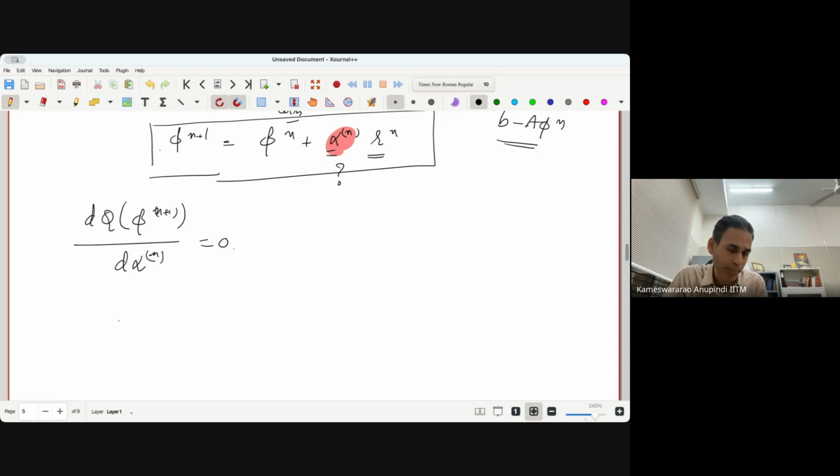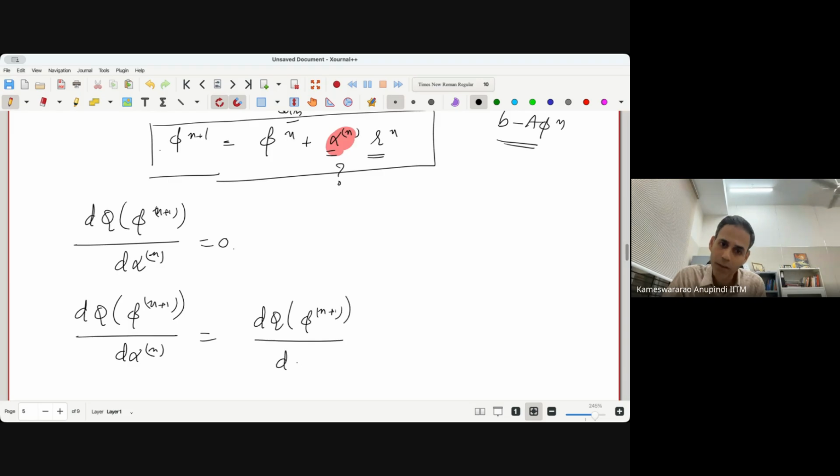That's going to give me, if I set this equal to 0, dQ of phi n plus 1 by d alpha n is going to be dQ of phi n plus 1 divided by d phi n plus 1, times, okay, these are all vectors, so I would do a transpose, and then d phi n plus 1 by d alpha n equal to 0.